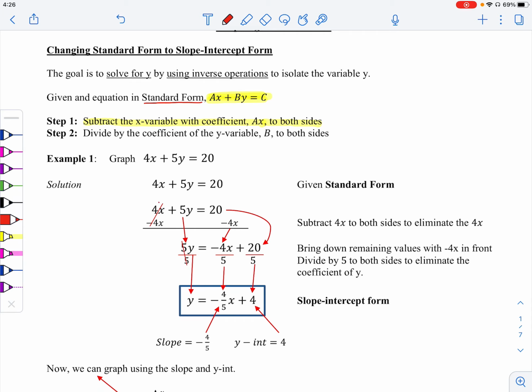So this right here, we want to subtract this value first, always to both sides.